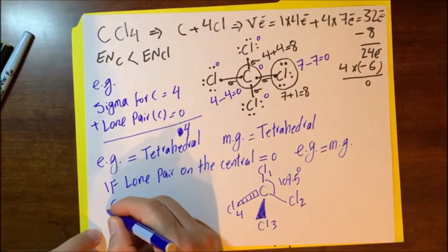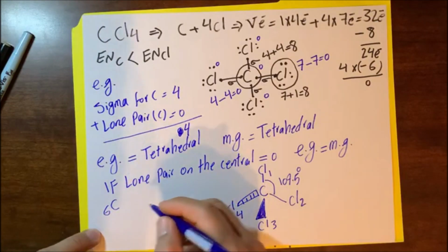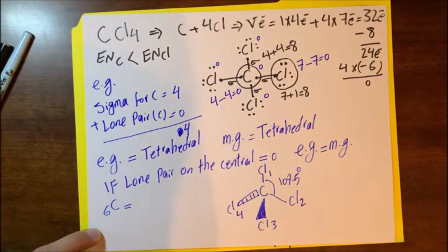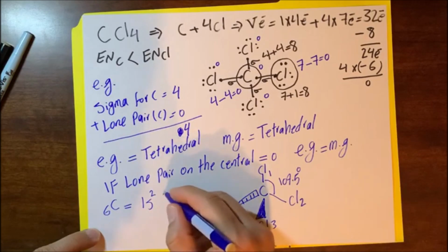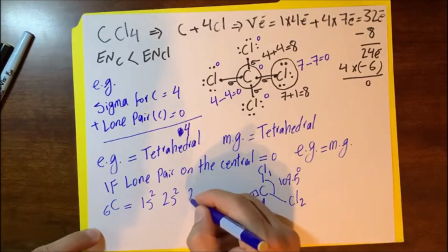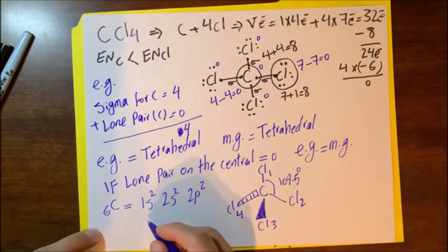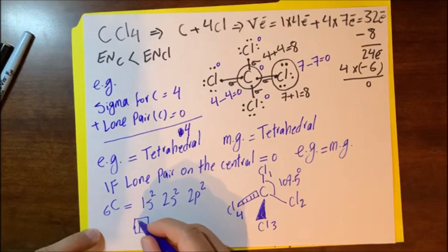Carbon has 6 protons and 6 electrons. If we want to write the electron configuration of carbon, it will be 1s2, 2s2, and 2p2. So the first orbital, which is s, is full.